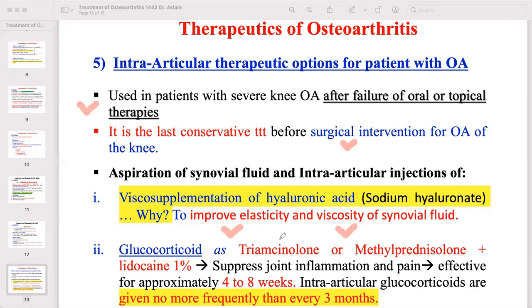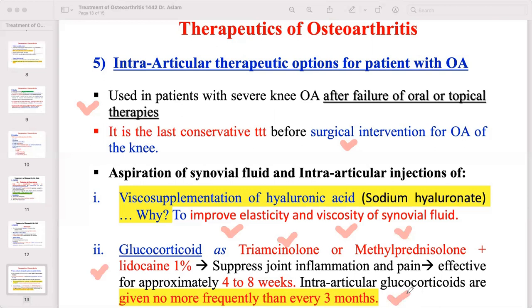Glucocorticoids such as triamcinolone or methylprednisolone in combination with 1% lidocaine, which is a local anesthetic, are used as they suppress the joint inflammation and pain, effective for approximately 4 to 8 weeks. Intra-articular glucocorticoids are given no more frequently than every 3 months to avoid the adverse effect.